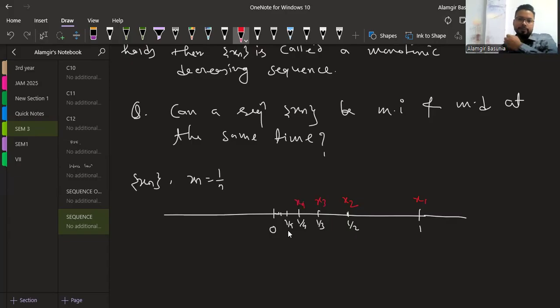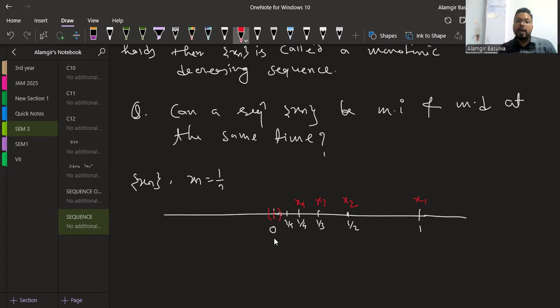Now you can see, if you take a small neighborhood of 0, then after some particular term, all the terms of the sequence will lie inside that neighborhood.